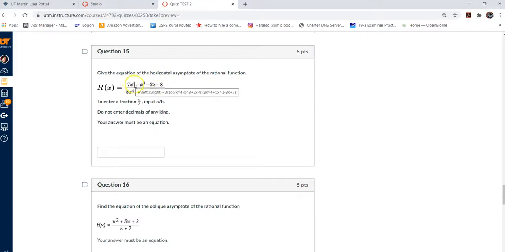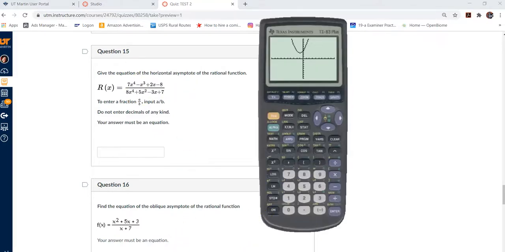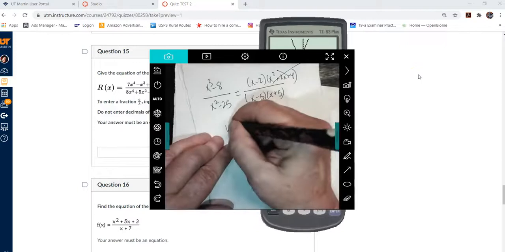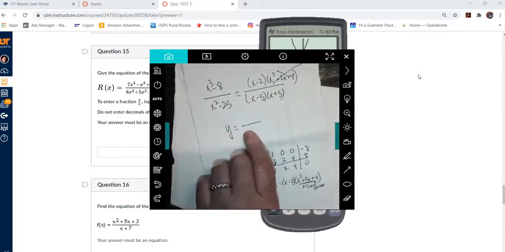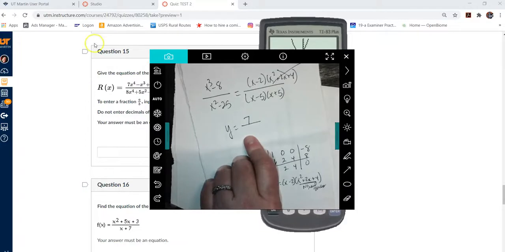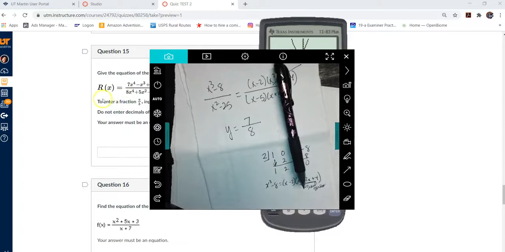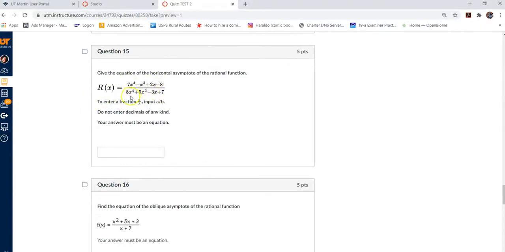When the degree of the numerator is the same as the degree of the denominator, then you do have a horizontal asymptote, and its equation is going to be y equals a fraction, and in the top we have the leading coefficient of the top, which is a 7, divided by the leading coefficient of the bottom, which is an 8.